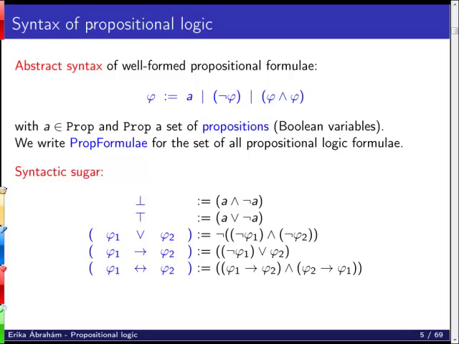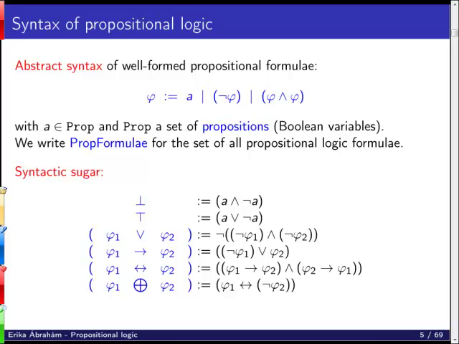Exactly. Implication back and forth. And perhaps one last operator which is frequently used is XOR. How can you define XOR? Binary? Not phi1 is equivalent to phi2. Exactly. Yeah. These are the mostly used.